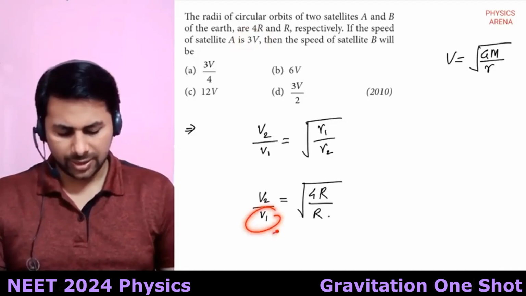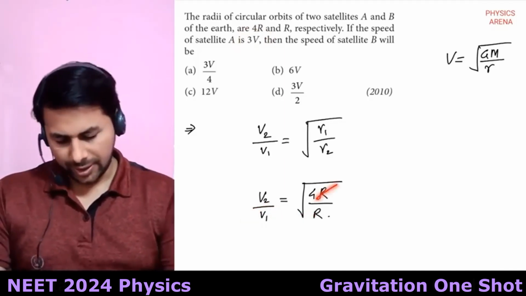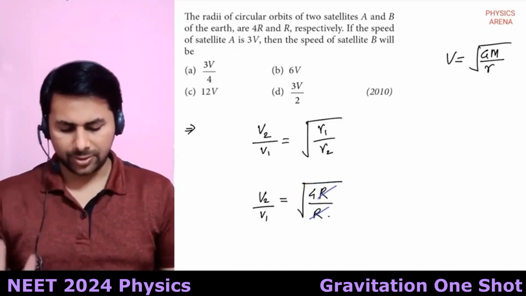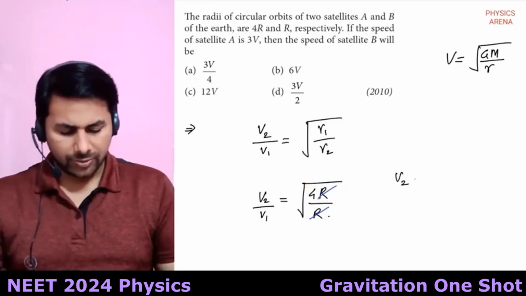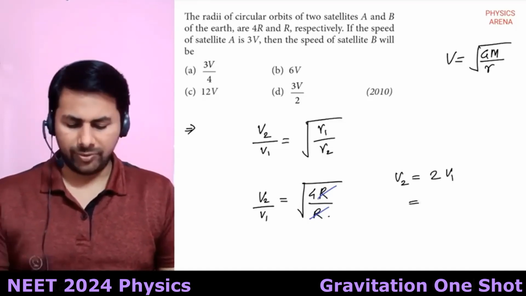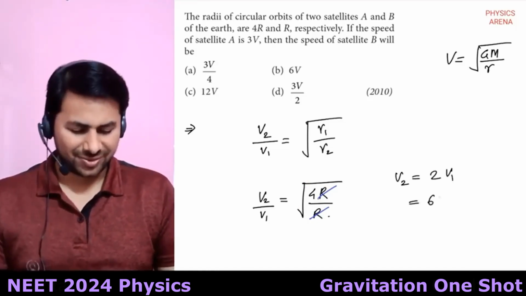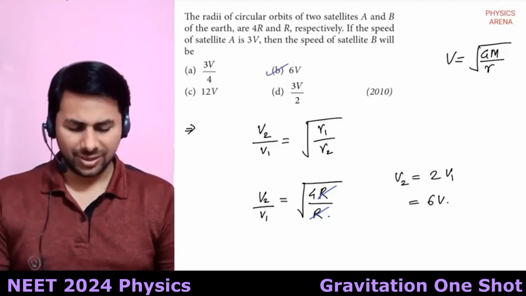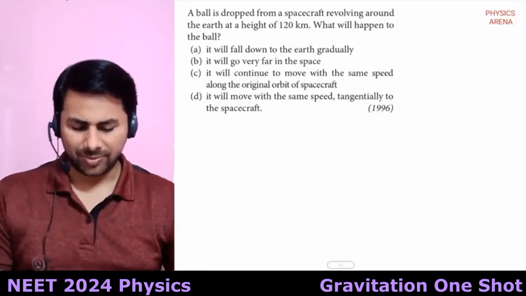It's 3V. Take that 3V to this side. This R will get cancelled. You have the root of 4, that's 2. So V2 equals 2 times V1, that is 2 times 3V, so it is 6V. Most of these questions are simple.